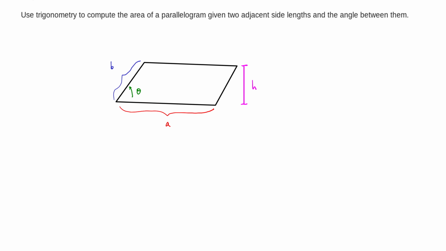What we need to do, if we're going to compute the area, is find a formula for H. Notice that this height H is the same as this altitude right here. We want to find the value for this H. Notice that this makes a little right triangle.